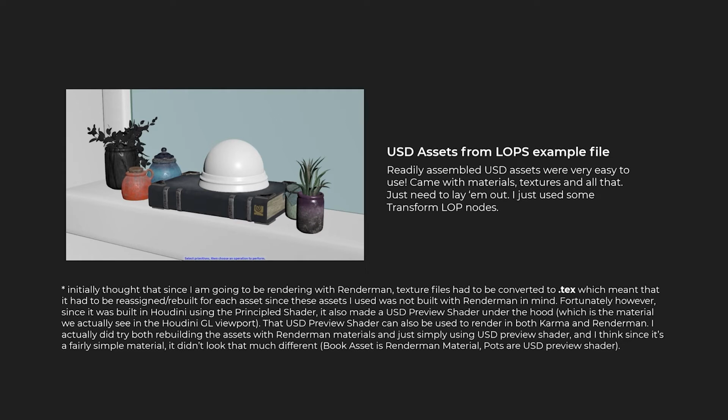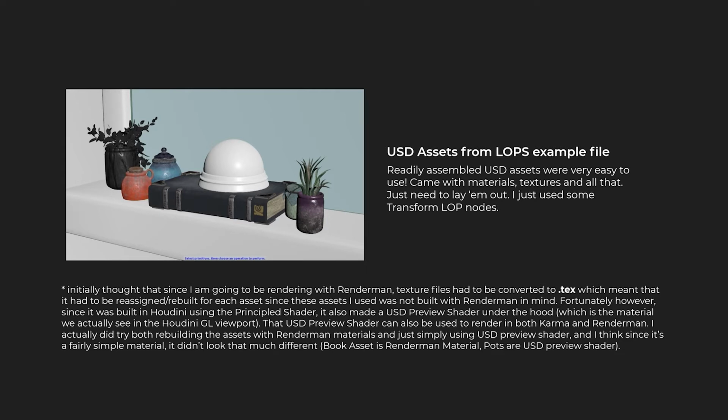And the nice thing about it is that it's already USD, it's already nicely packaged and all that with the materials. But the issue I had was it was prepared for Karma render, not for Renderman, which meant that I should rebuild it with Renderman materials.